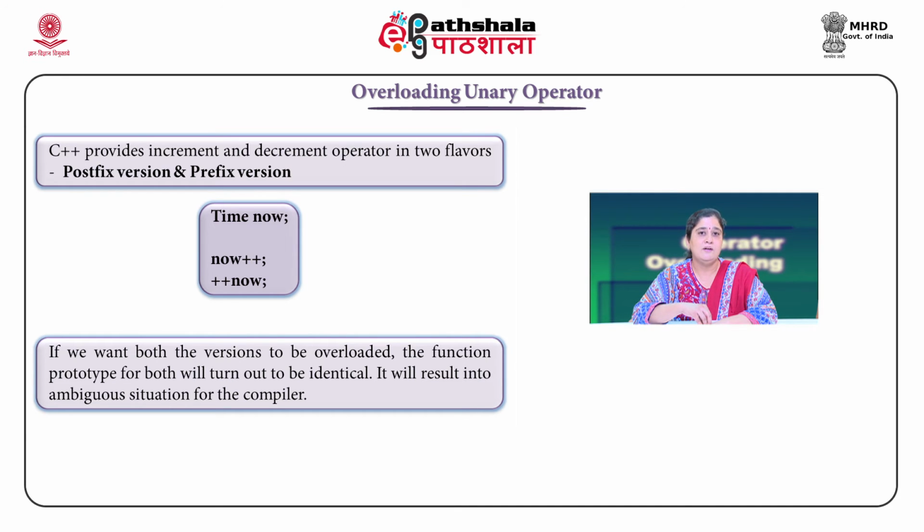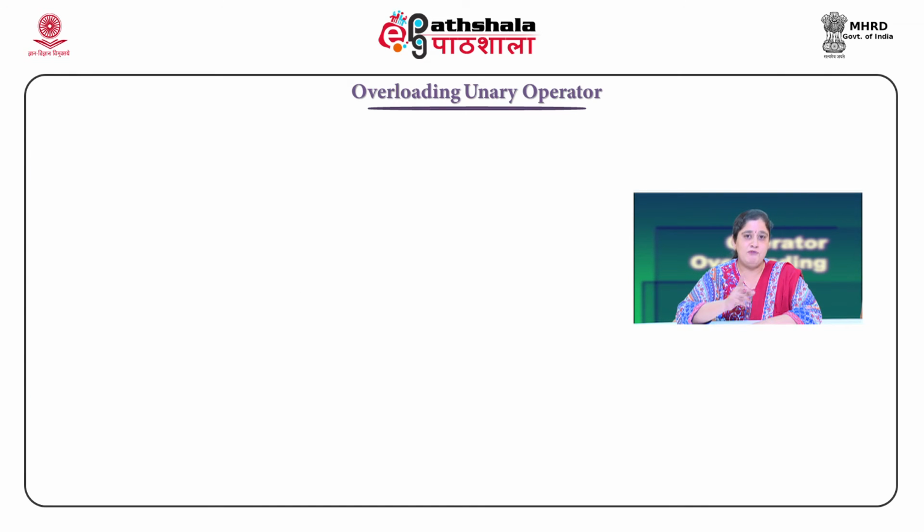No, we cannot, because that will create an ambiguous situation for the compiler. Then what do we do? Either we cannot overload both the versions, but that again can be seen as a limitation. But C++ provides us a way of overloading both the versions of this increment operator.